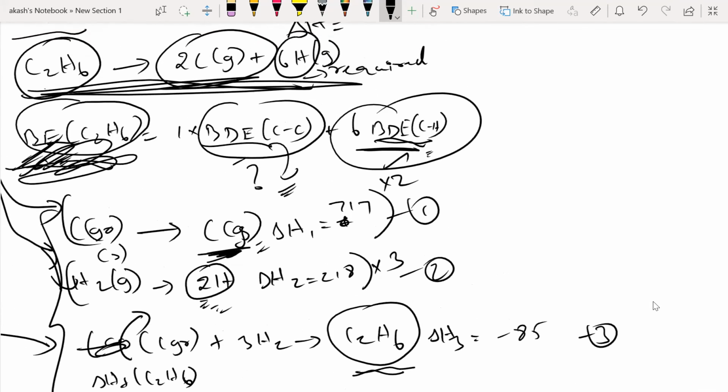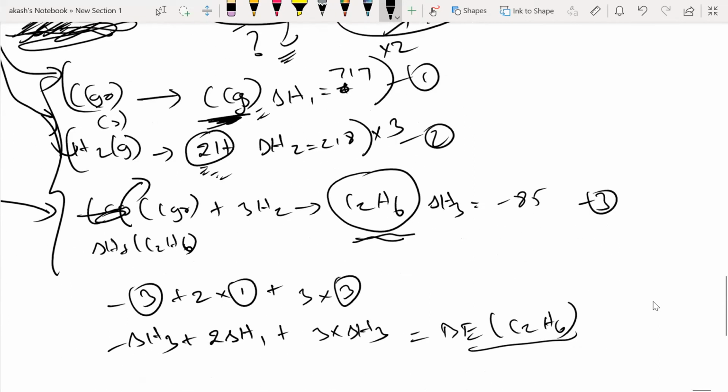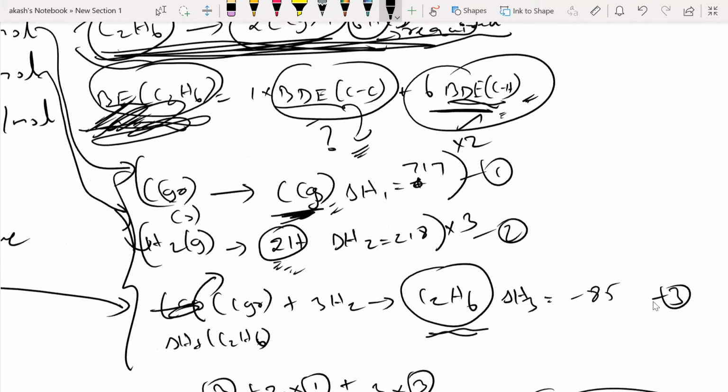Now I'm going to consider this particular equation as my required equation, and these are the given equations, and we have done so many problems based on that, reversing it, multiplying it. We eventually got the required equation, and we eventually got the bond enthalpy. And the bond dissociation enthalpy of CH bond is already given in the question, so you will be able to find the bond dissociation enthalpy of CC bond.